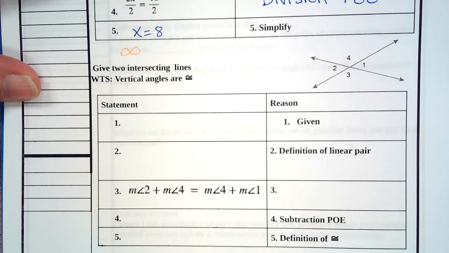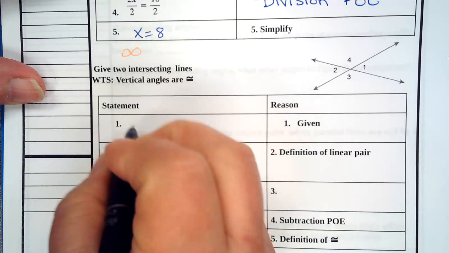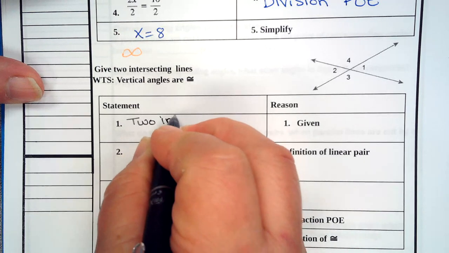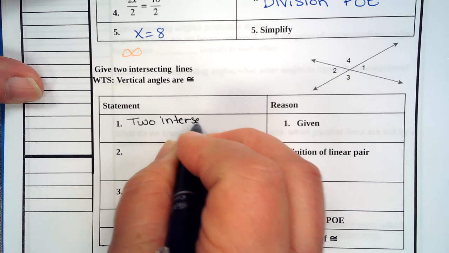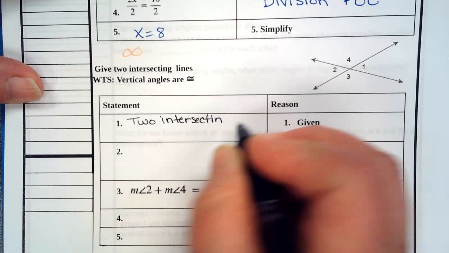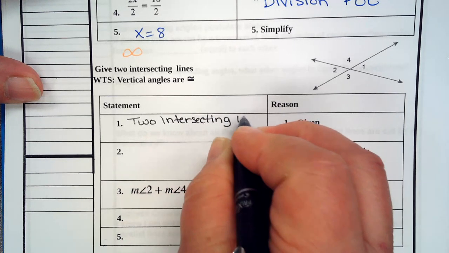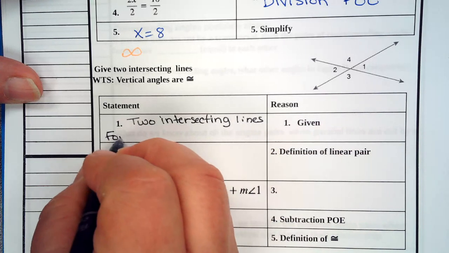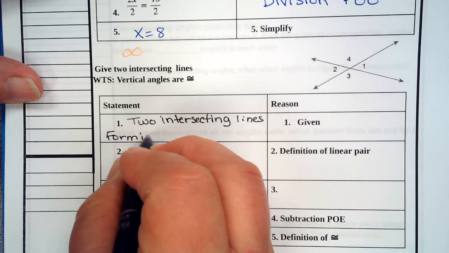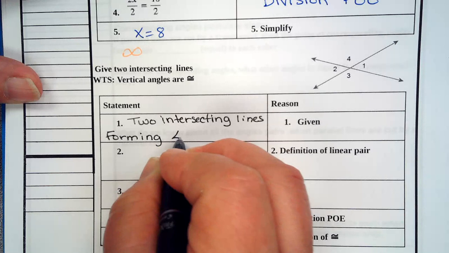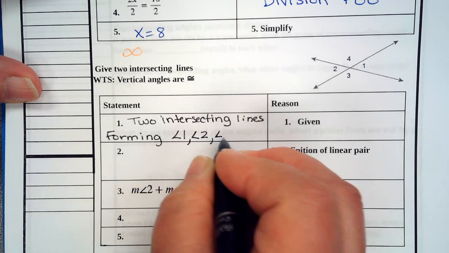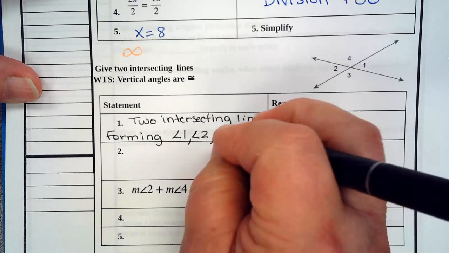So we're going to start with the given, which is two intersecting lines forming angle 1, angle 2, angle 3, and angle 4.